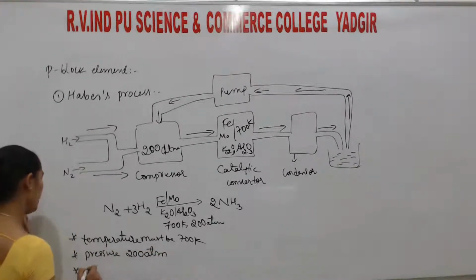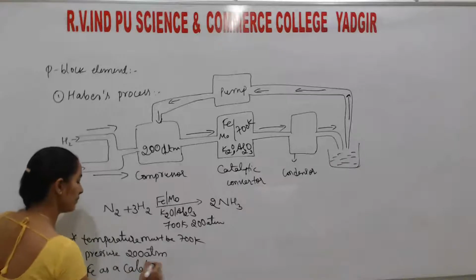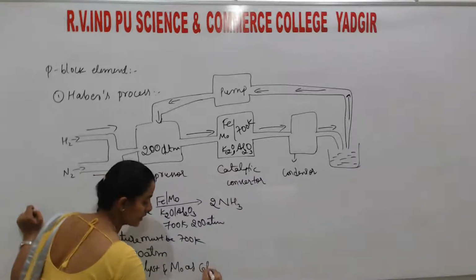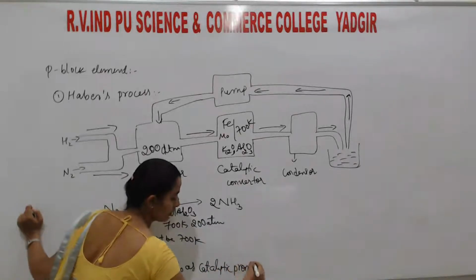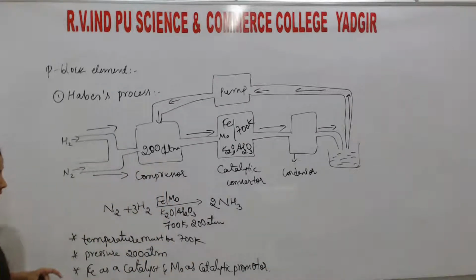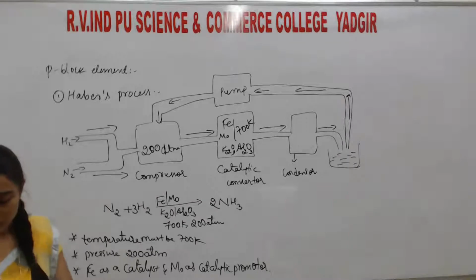Next, iron as a catalyst and molybdenum as catalytic promoter. Understand? So these are the conditions for the preparation of ammonia by Haber's process. Understood? Okay.